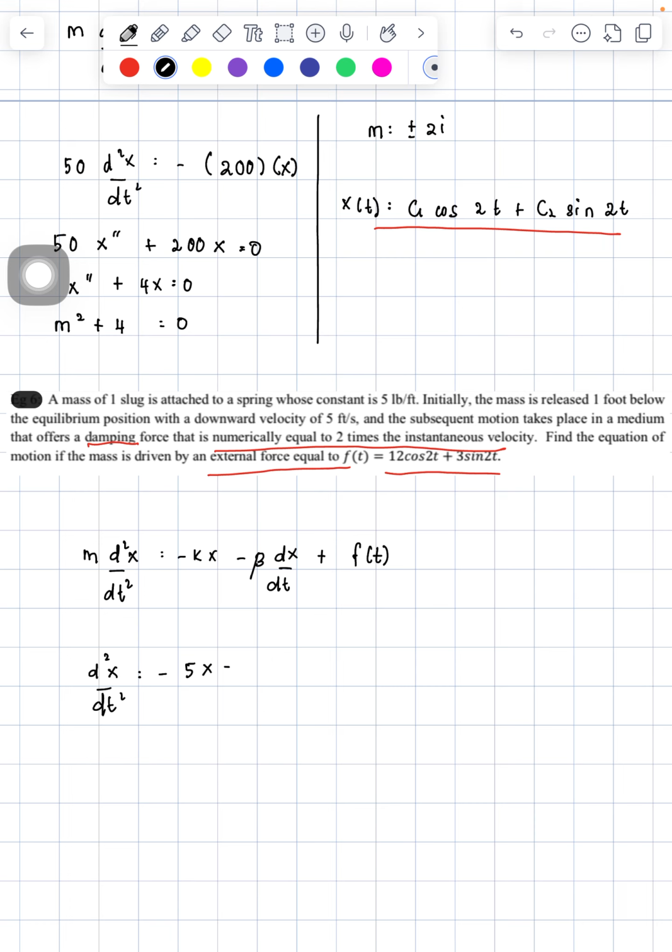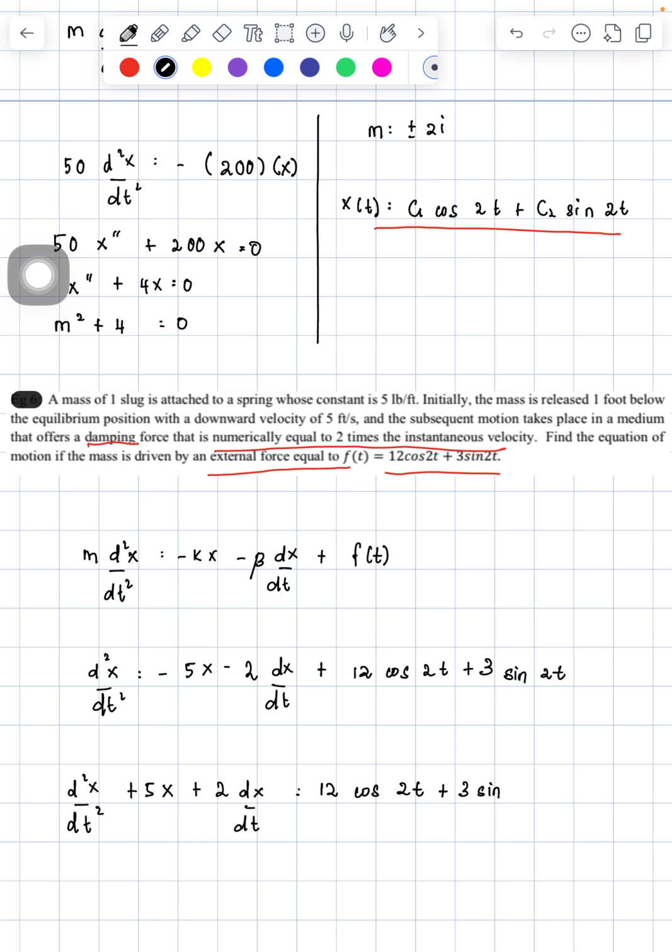Then the damping force is numerically equal to 2 times the instantaneous velocity, dx/dt, so minus 2 dx/dt, plus F(t), which is 12 cos 2t plus 3 sine 2t.